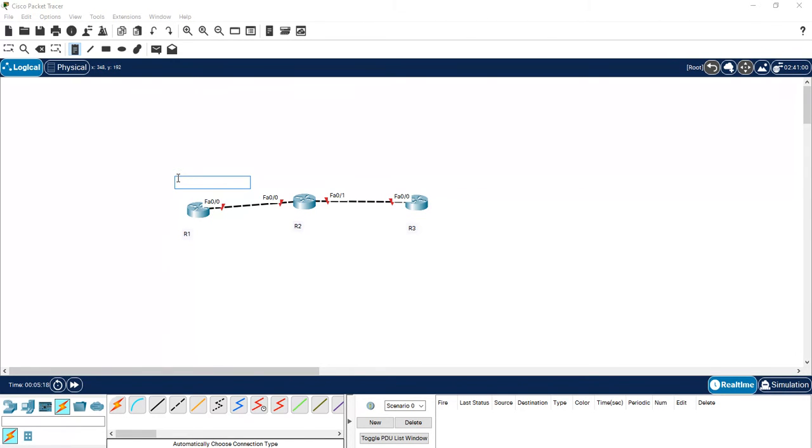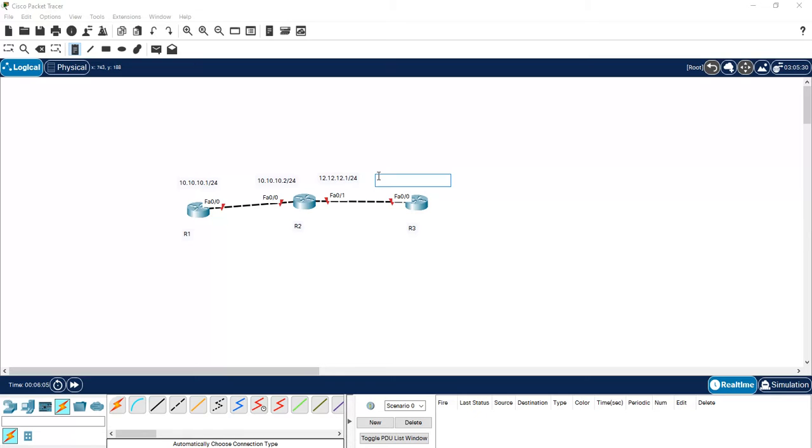Router 1's IP is 10.10.10.1, and the prefix is 24.